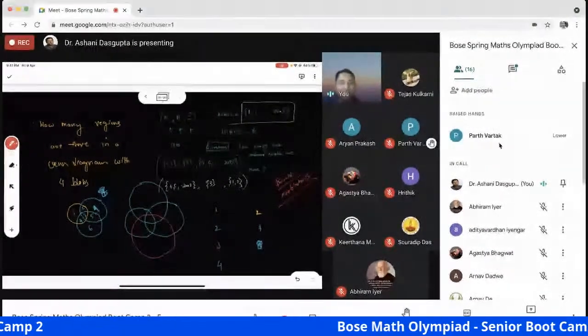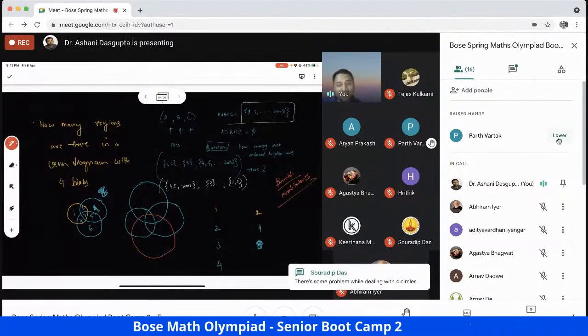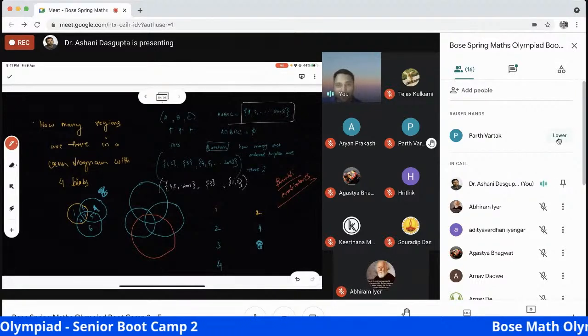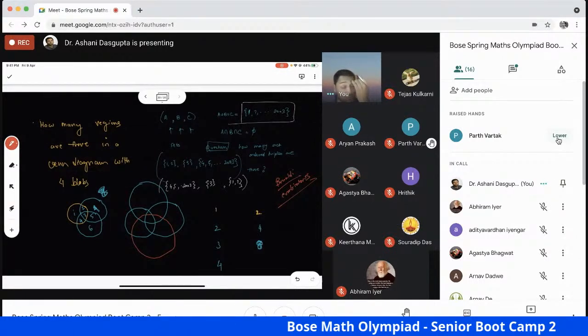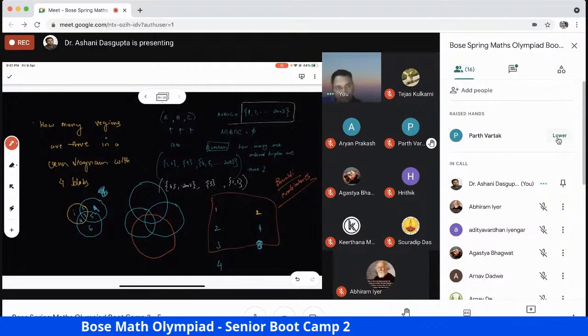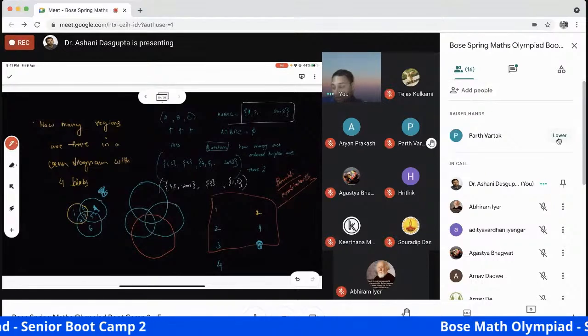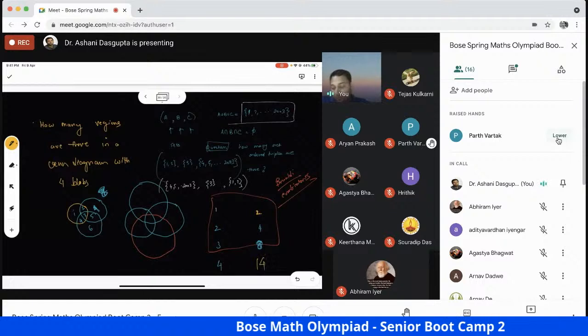In Olympiad mathematics, in fact, in any mathematics, you tend to see a pattern and you quickly want to guess what's going on. And if you do that here up to 3 cases, it seems it's 2 to the power n. If I'm not too wrong, I might be wrong actually, but I think the fourth one will be 14.